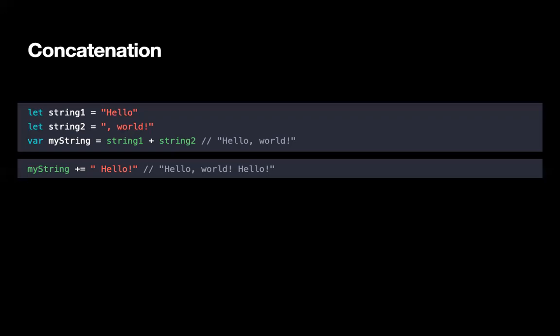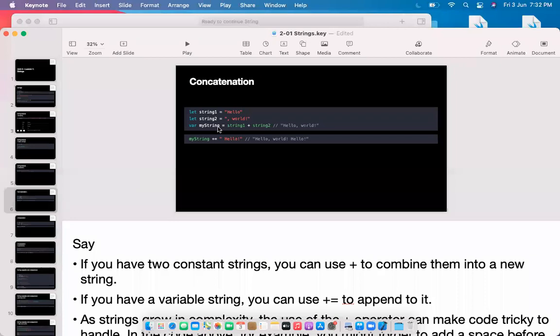Another method: if you want to add some more text to myString, you can use myString plus equal to hello. That means this hello will be appended to your previous string, myString. Okay, so we will check this also on the playground.